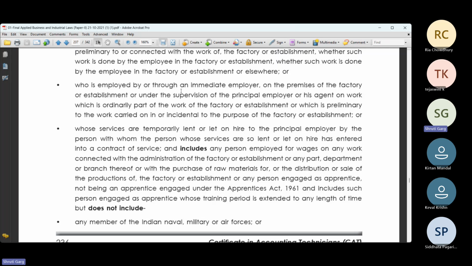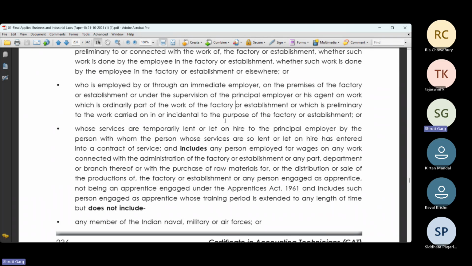So who is employed by or through an immediate employer on the premises of the factory or establishment or under the supervision of the principal employer or his agent, on work which is an ordinary part of the work of the factory or establishment, or which is preliminary to the work carried on or incidental to the purpose of the factory or establishment.